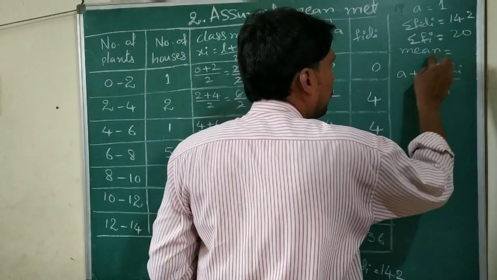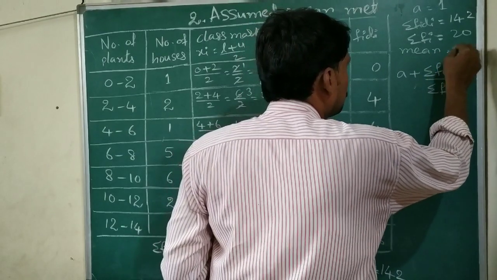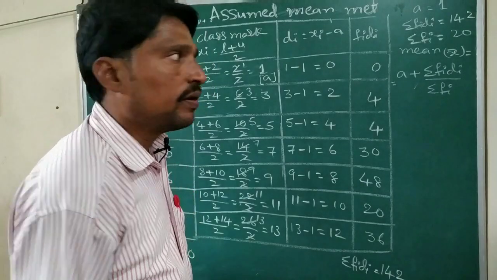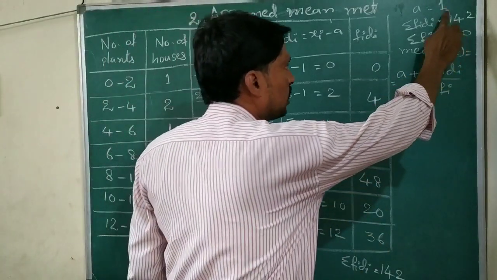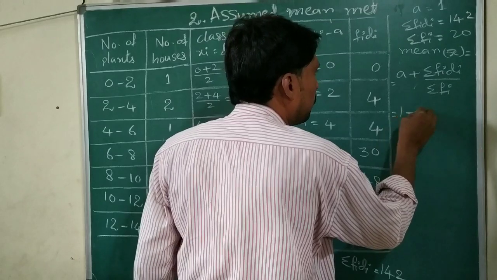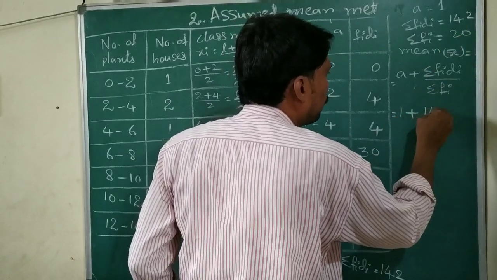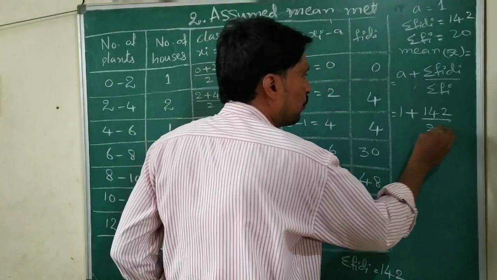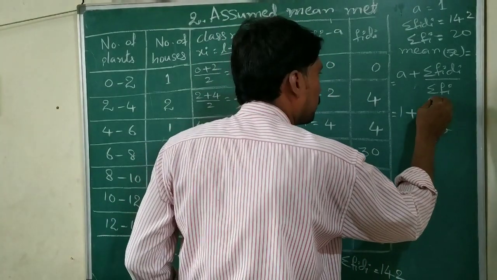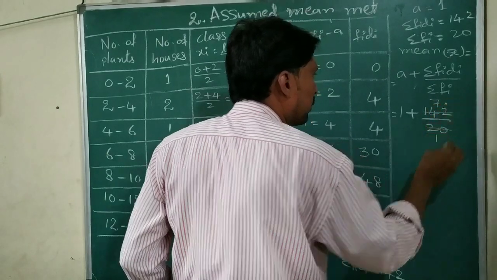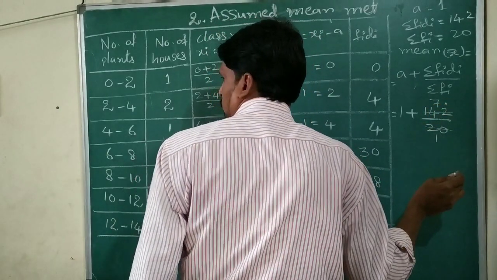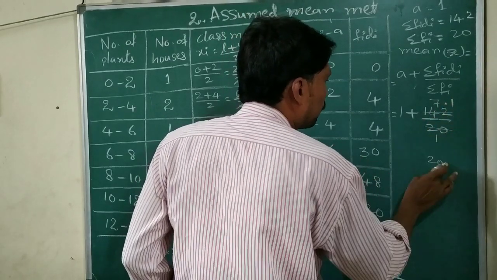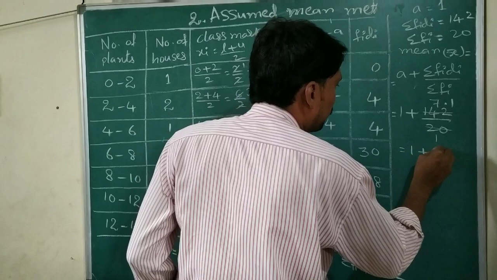So mean x bar equals A plus sigma FiDi by sigma Fi. A value is 1, plus sigma FiDi value 142 by 20. 20 twos are 40... 20 sevens are 140, and keeping the decimal point, we get 7.1. So here 1 plus 7.1.